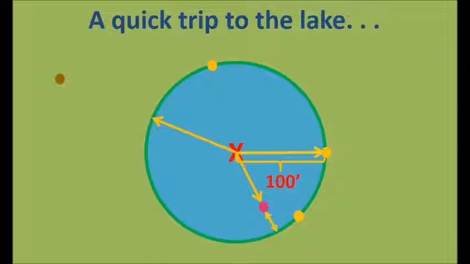Well, 100 feet, since that's the distance to reach the edge of the lake in any direction. But we're not done yet. We still need to go this extra distance to reach the basket. Therefore, our total distance from our island to the basket must be more than 100 feet. In general, any point outside of the lake will be more than 100 feet from our island at the center of the lake.